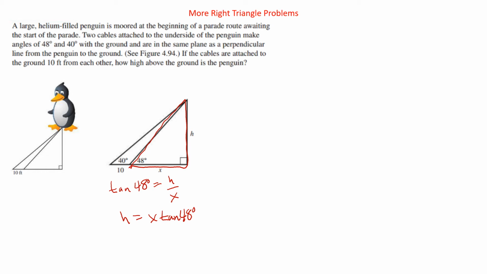Then we have the other triangle. Tangent of 40 degrees is going to equal h over x plus 10. So we could multiply the x plus 10 over as well to get h equals x plus 10 tangent 40 degrees.